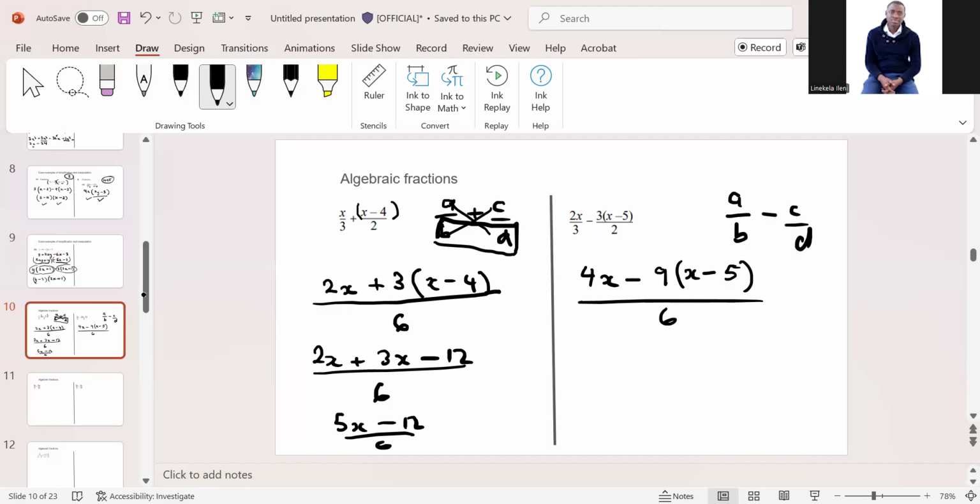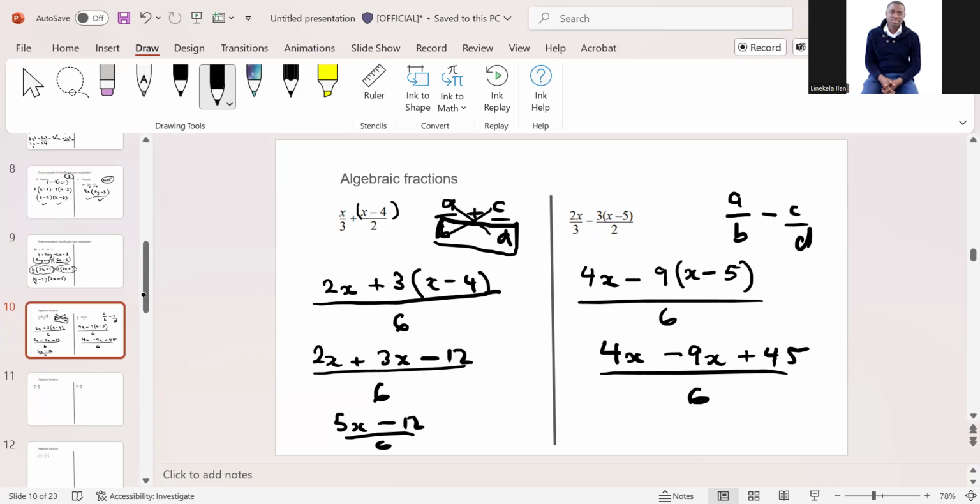So again, here, just be mindful that it's not positive 9. When you expand the brackets, it's negative 9. So it's negative 9 times x, that will be negative 9x. And then you have 9 times 5, which is 45. And it's positive 45 because it's negative 9 times negative 5. Then here you're going to end up with 4x over 6.